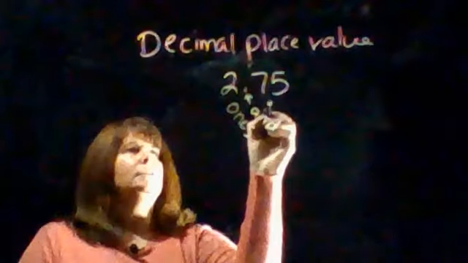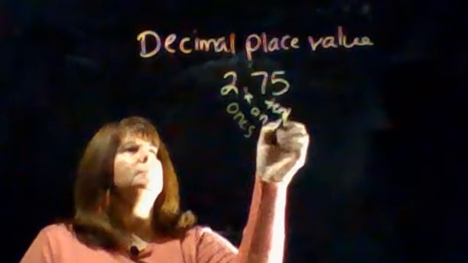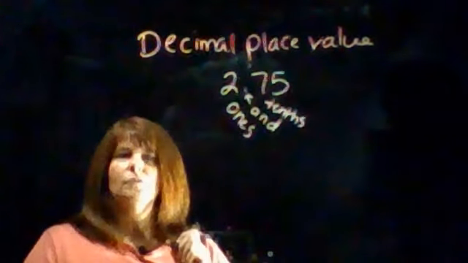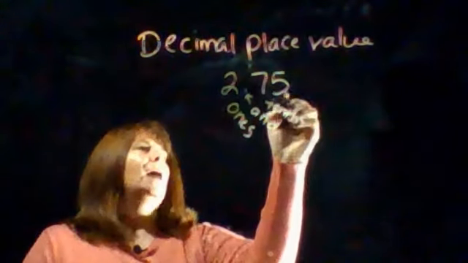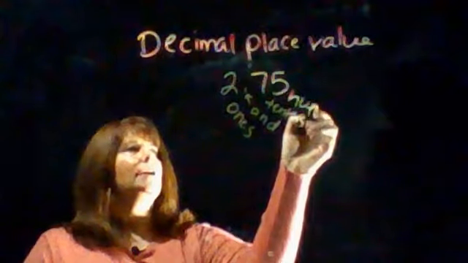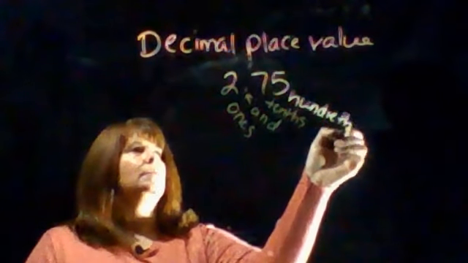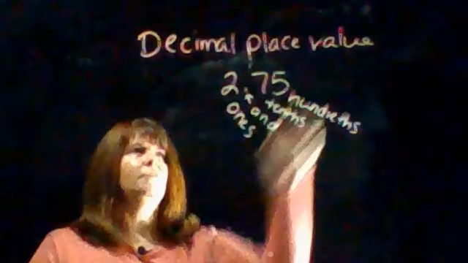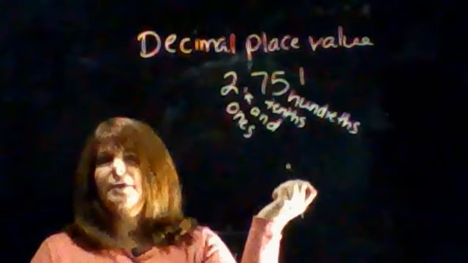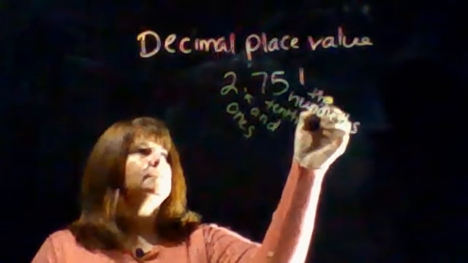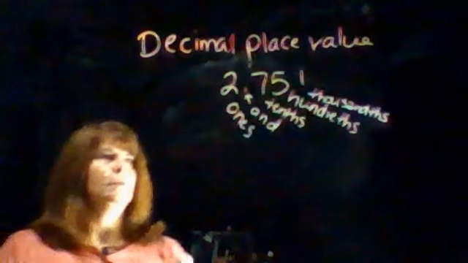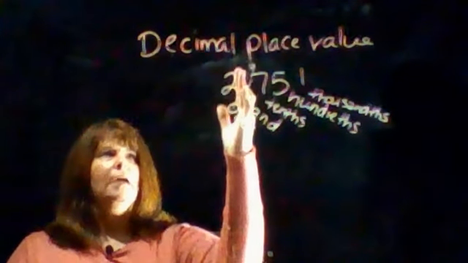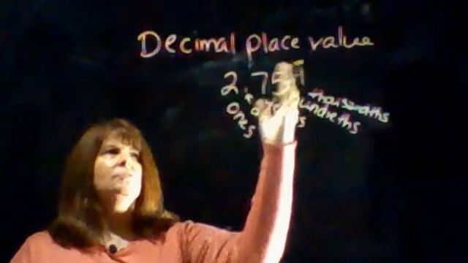This 7 is in the tenths place. So it's no longer tens place, it's tenths place. And this 5 is in the hundredths place, okay? And if we add one more, say we add a 1, that's in the thousandths place, okay? So we have ones and tenths, hundredths, thousandths.